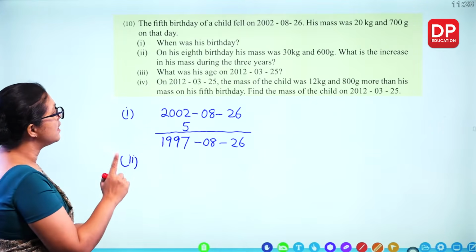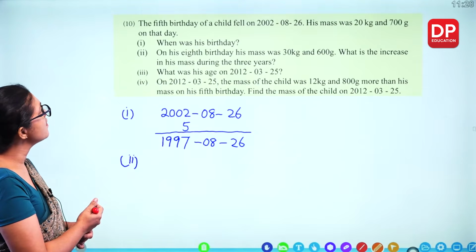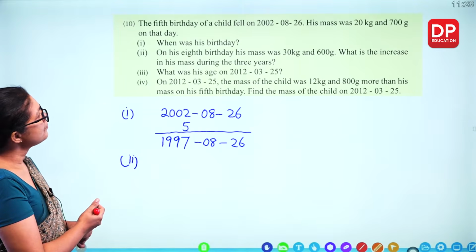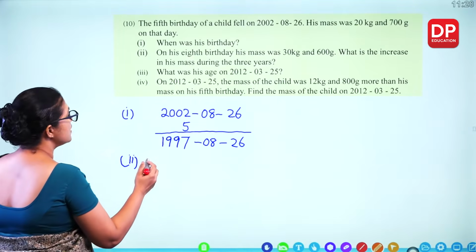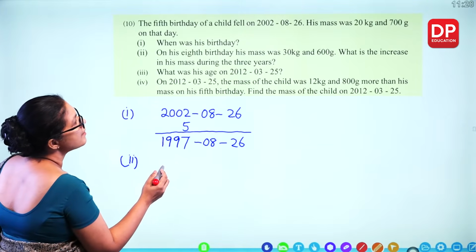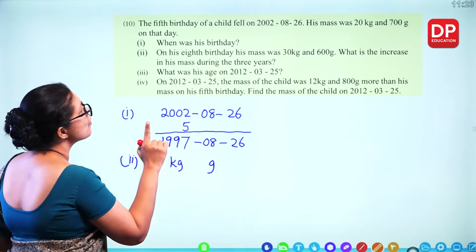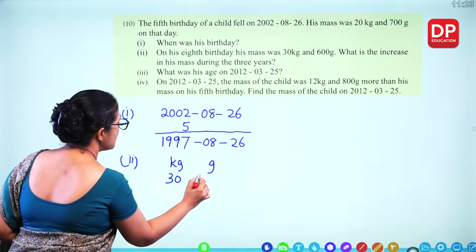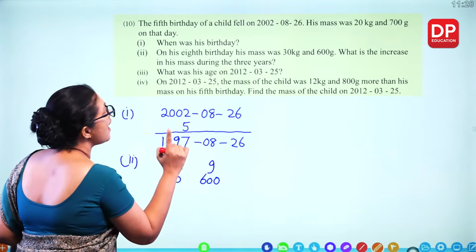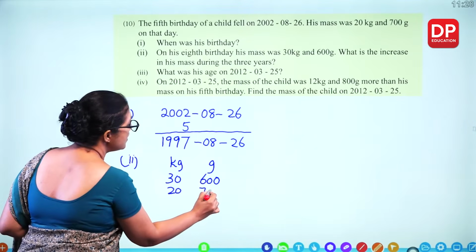On his 8th birthday, his mass was 30 kilos, 600 grams. What is the increase in his mass during the 3 years? So you have to subtract the weights. So this is kilos and grams. 8th birthday, 30 kilos and 600 grams. And 5th birthday, 20 kilos and 700 grams.